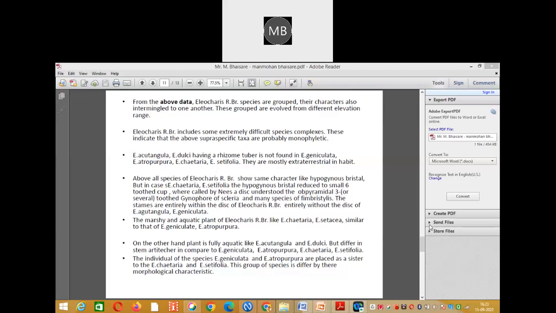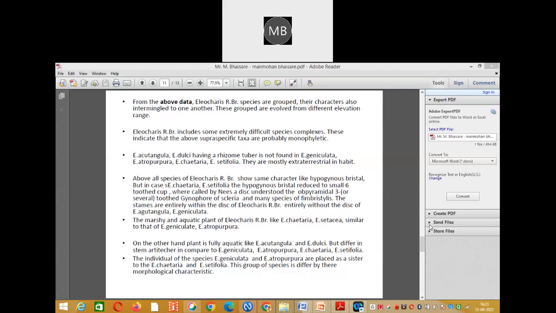Above all, species of Eleocharis show the same character like hypogynous bristles, but in the case of retroflexa and setifolia, the hypogynous bristles are reduced to a small six-tooth cuff, as understood by Nijalingappa and Dixit. The bipyramidal tree are several tooth gynophore of Scleria and many species of Fimbristylis. The stamens are entirely within the discs of Eleocharis, entirely without the discs of Eleocharis acutangula and Eleocharis geniculata.